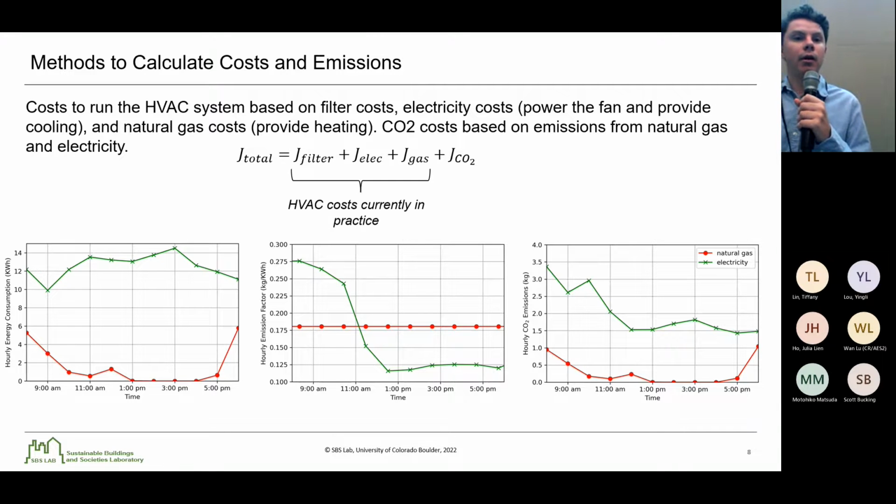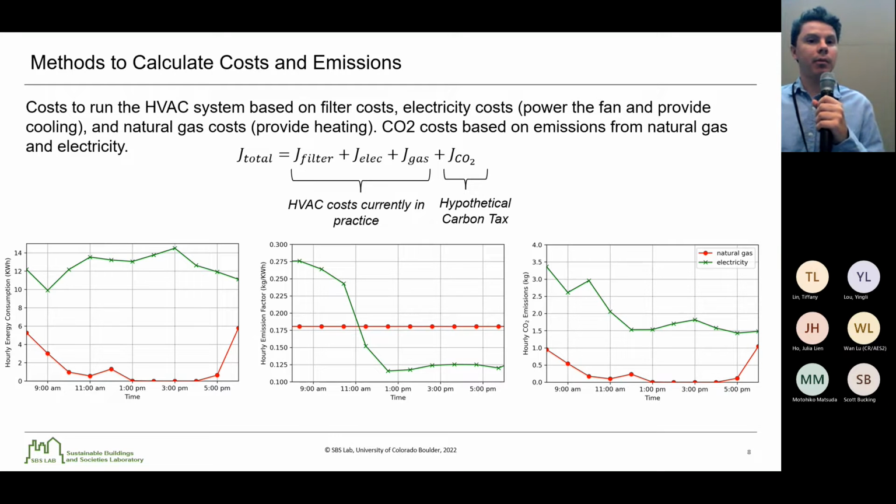These costs are currently in practice, and then we apply a hypothetical carbon tax in order to equate the impact of CO2 emissions with these other costs.